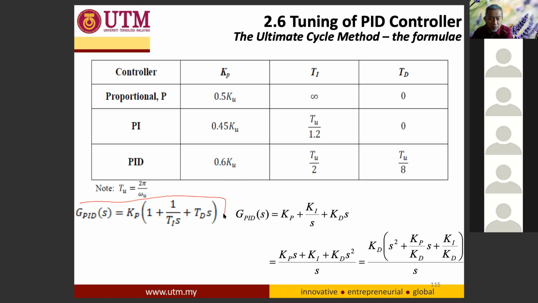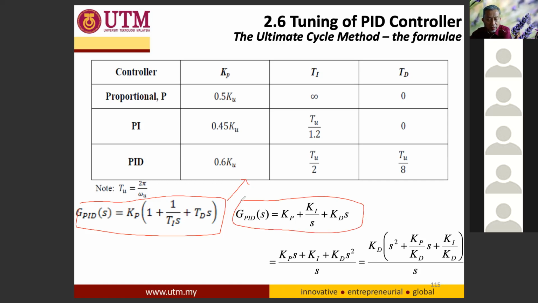The formula of the PID controller is G_PID equals Kp times (1 plus 1 over Ti S plus Td S). This one is based on the table, but there is another form which I wrote already in the previous lecture last week: G_PID equals Kp plus Ki over S plus Kd S. Both can be used, okay?